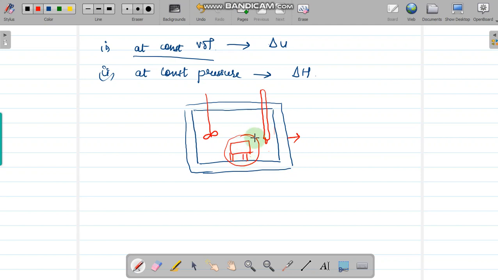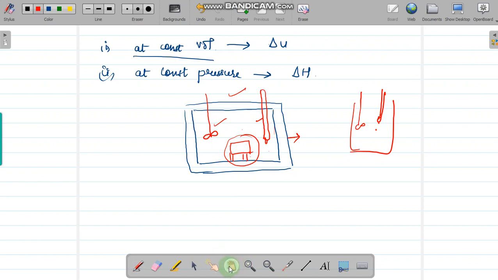Now the water bath is provided with the stirring arrangement, which is this, and an accurate thermometer for measuring the temperature. Also, an ordinary flask provided with a thermometer and stirrer can act as a calorimeter. Take a simple vessel, put a stirrer and a thermometer in it. It is also going to act as a calorimeter. Basically, this type of calorimeter we use for measuring the heat changes.